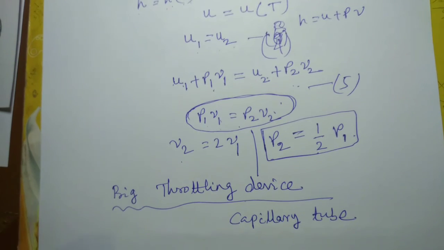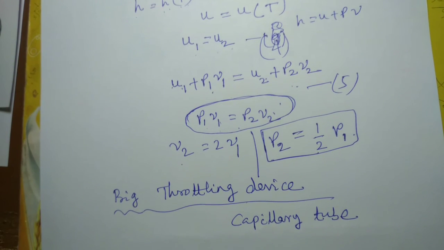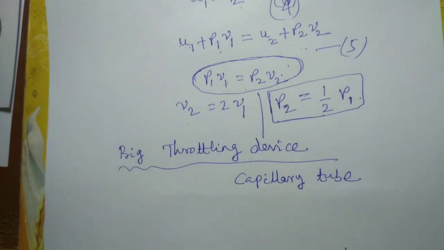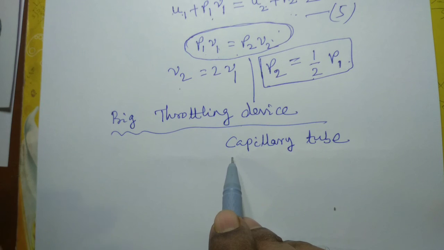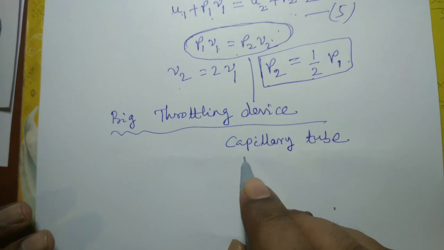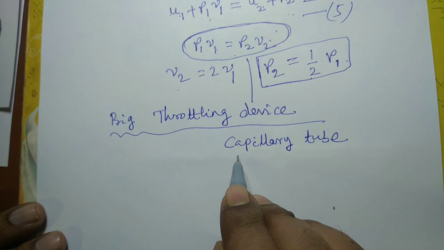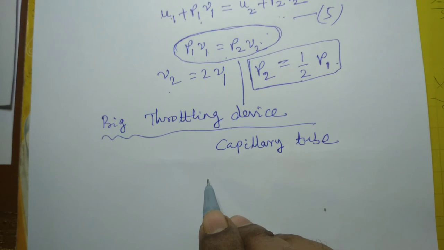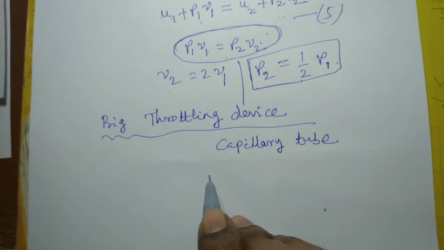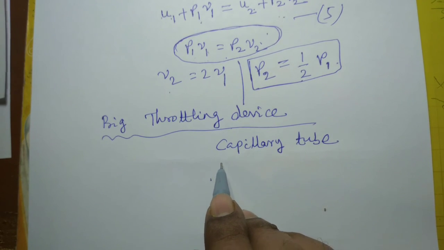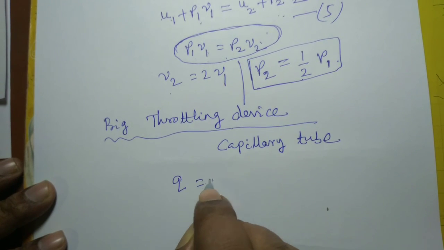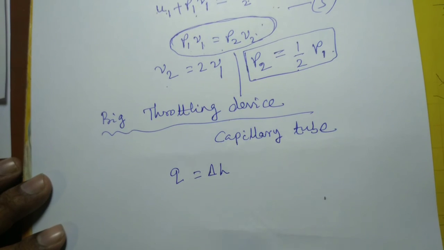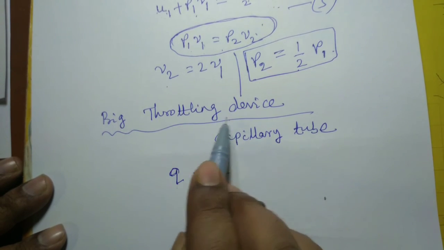Since our equation is Q is equal to h bar A delta T, if the device has a large surface area you can't neglect Q. So the equation we derived for a general throttling device, that is Q is equal to delta h, small h. So we cannot neglect Q in this case.